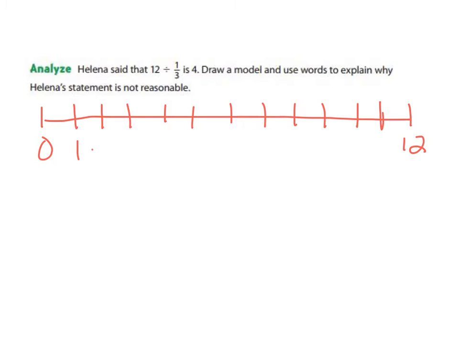So let's go ahead and label each whole number. Now, so I have my 12 wholes. If I divide them by 1/3, that means I'm dividing each whole into 3 parts.